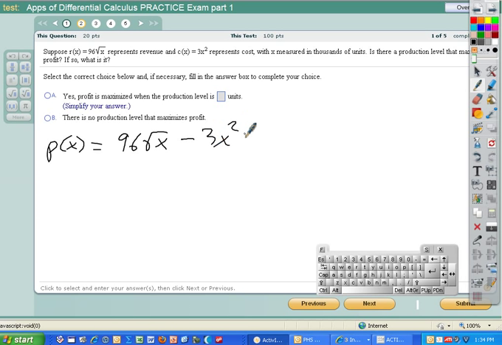Okay, now, what would our obvious domain be here? If x is the number of items we're producing in thousands of units, what's the smallest x could be? It could be 0, couldn't it? I mean, we could not make anything. We couldn't make a negative number of products, but we could make none.